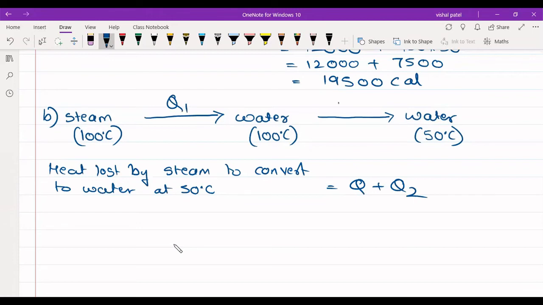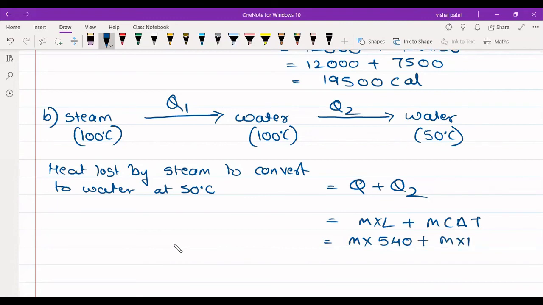See the figure, students, I've drawn Q1 and Q2. So what happens in Q1? I'm getting water from steam, so it is a change of state. So m into L. The next is mc delta T, it is change of temperature. And the question is how much steam? How much steam, meaning what, students? We do not know its mass. So latent heat is 540 times mass, which we don't know.